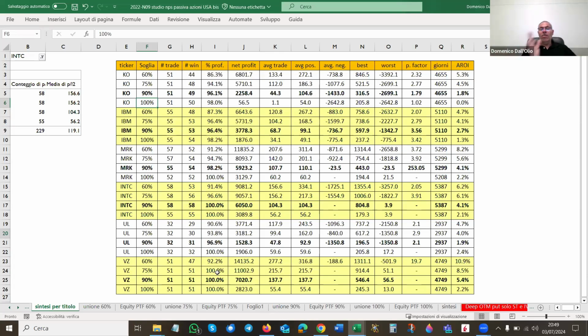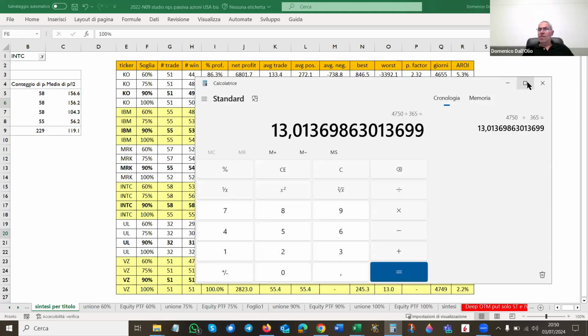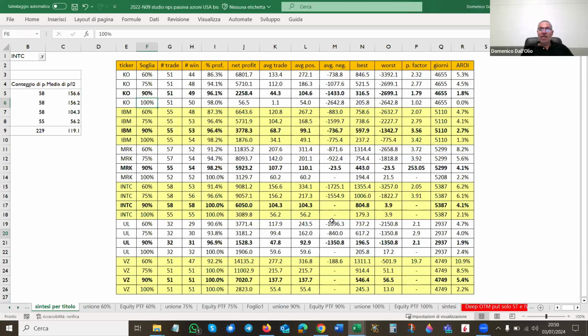At least over the last 13 years: 4,750 calendar days divided by 365 is 13 years. In 13 years trading short puts on Verizon, having all the probabilistic readings at least 75%, you would never lose.